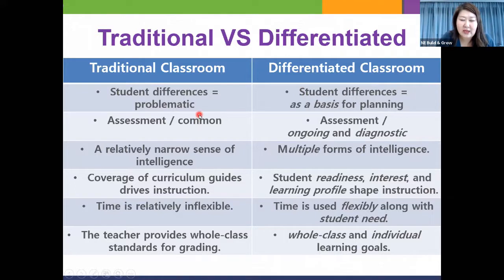Before, if you had 10 students with 10 differences, you'd freak out because you'd think, I'm going to have the most problematic class in the school, right? But now we consider that element as a basis of our planning. So don't get too panicked.